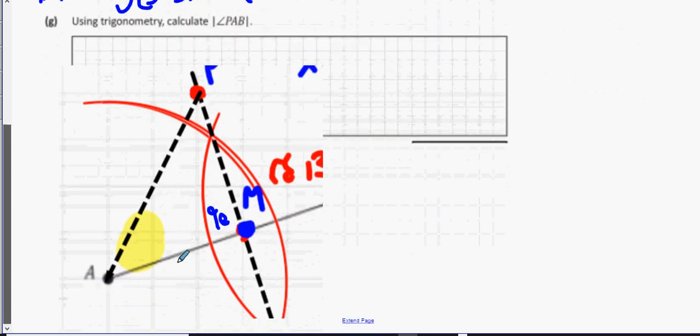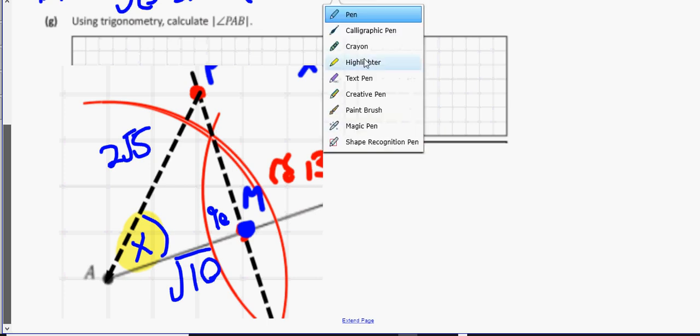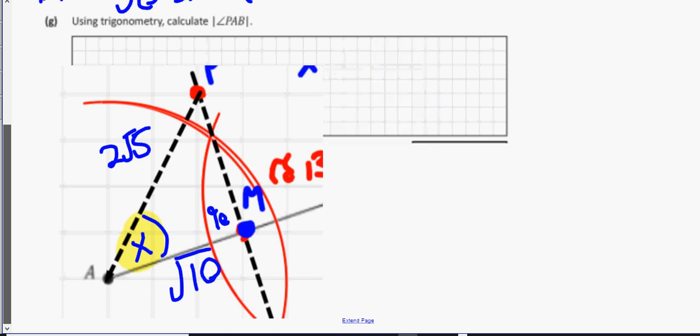AP is 2 root 5. And we're after angle X for argument's sake. What two sides do we know? We know the hypotenuse and we know the adjacent side. That's the opposite. That's the adjacent. And this is the hypotenuse.